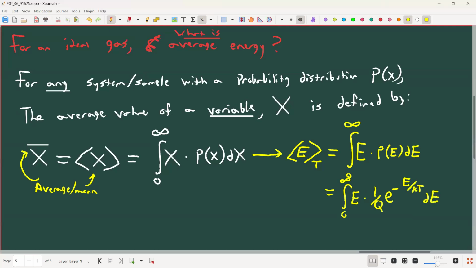So all I have to do is take my distribution and multiply it by energy and then integrate the whole thing with respect to E, and that gives me an average value. This is a true equation.